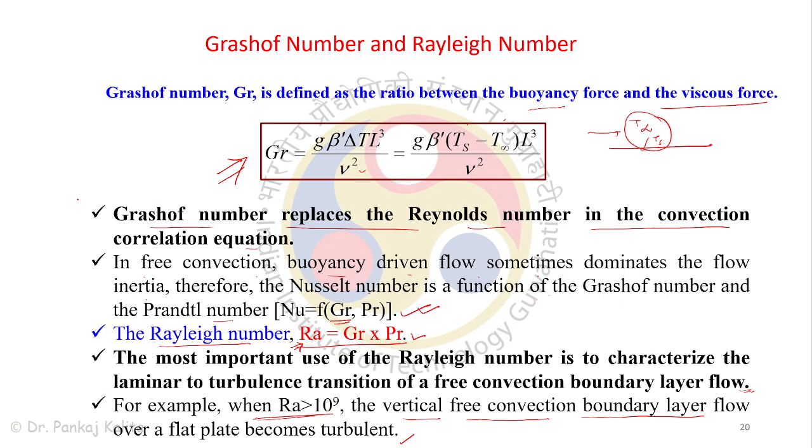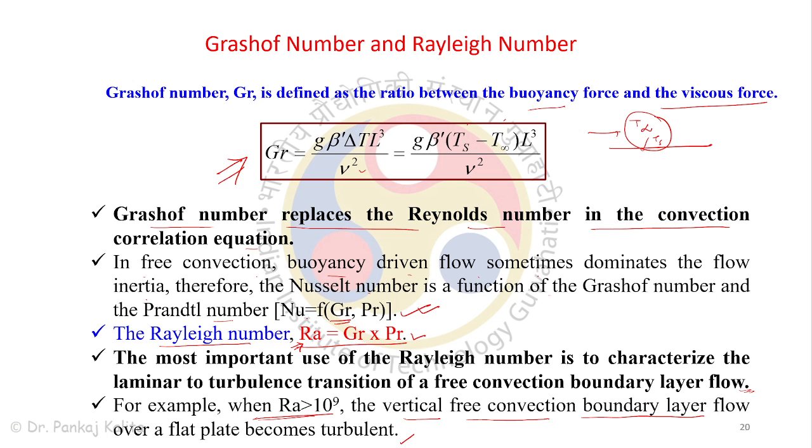The next is the Grashof number. If you remember, Grashof number comes while you are dealing with a natural convection system. So basically, it replaces the Reynolds number in the convection relation for natural convection.